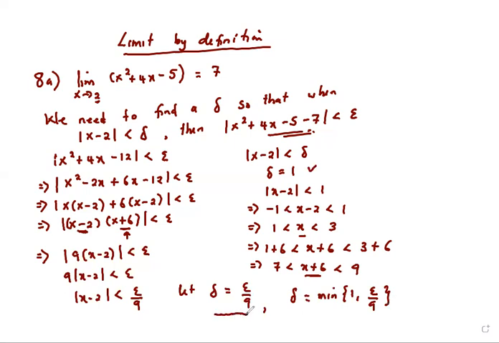Now, after you have found the delta, you need to show that the limit is equal to 7. Normally, when you get here, you assume that you've done the right thing and you're done, but we are not yet done. We need to prove that that is the limit. Any issues on how we reach here?